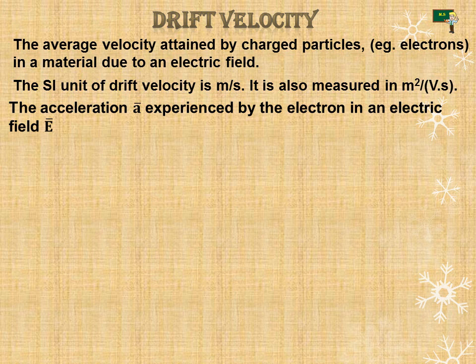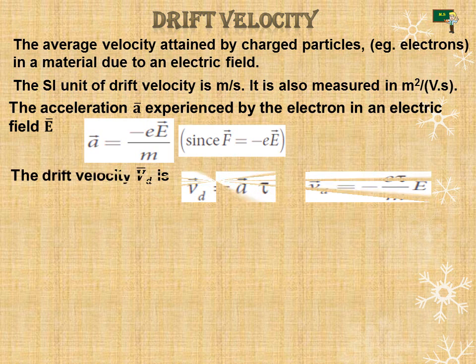The acceleration a vector experienced by the electron in an electric field E vector is equal to small e into capital E vector divided by m. As you know, acceleration is equal to force divided by mass.